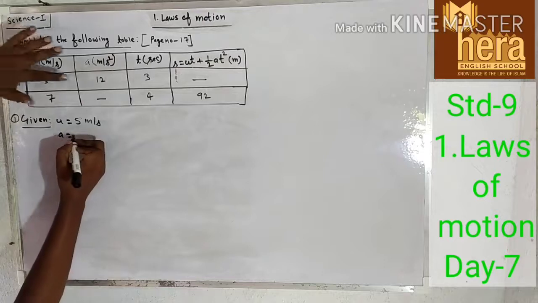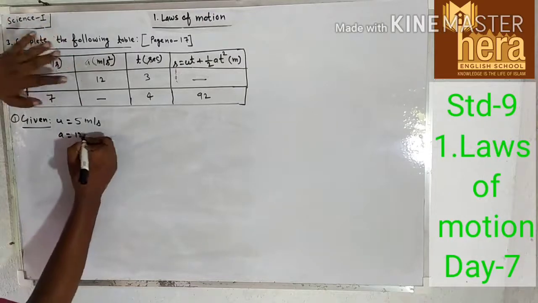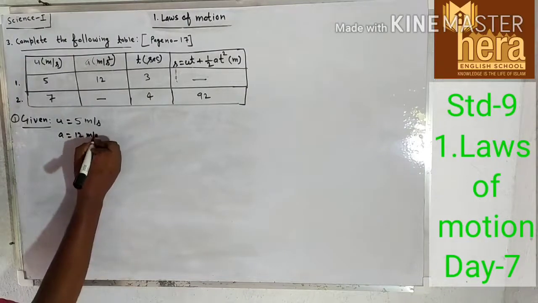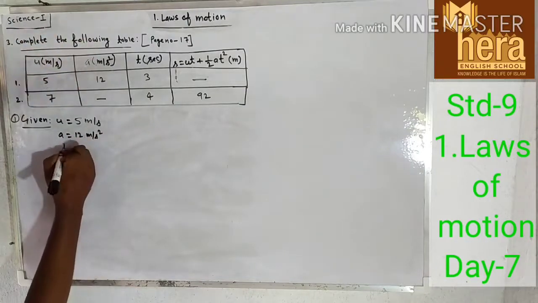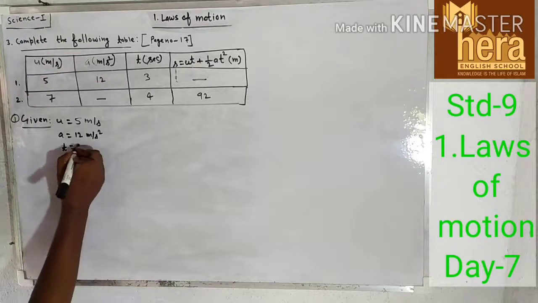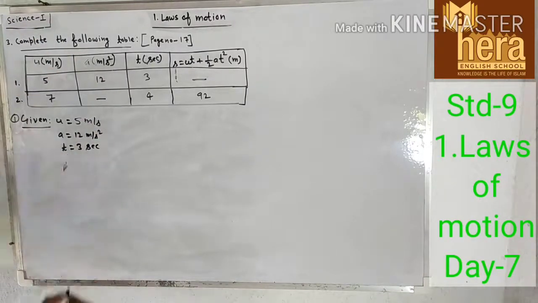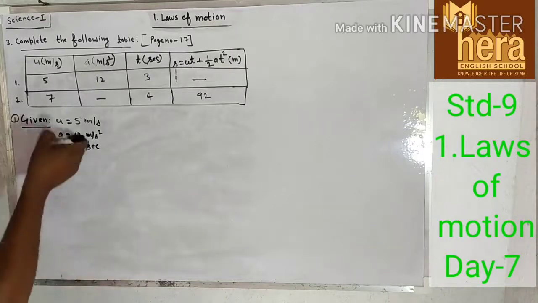A is equal to 12, its unit meter per second square. T is equal to 3 second. Given, right? These all data are given.